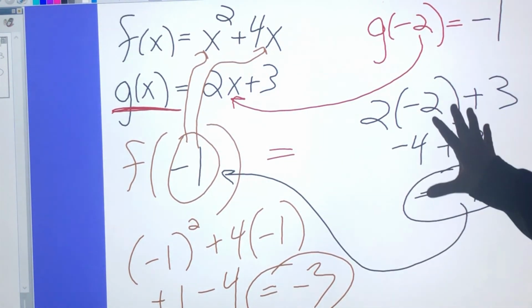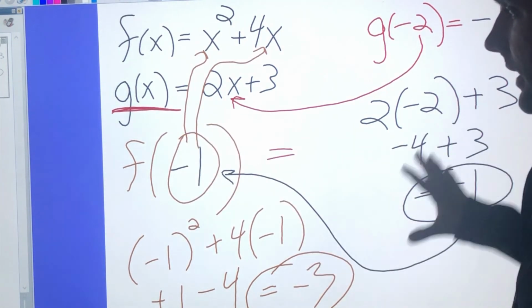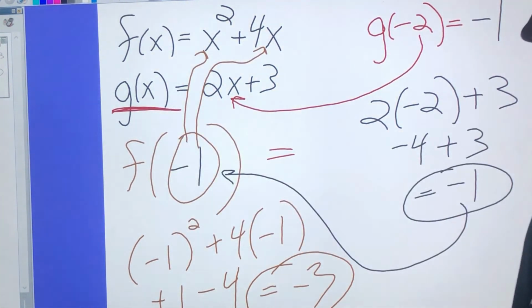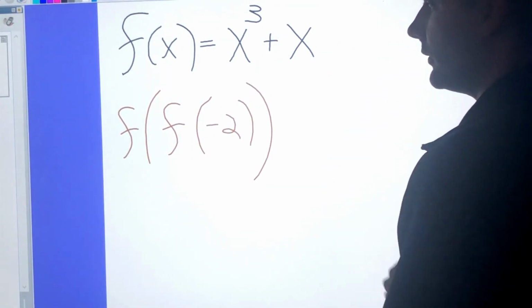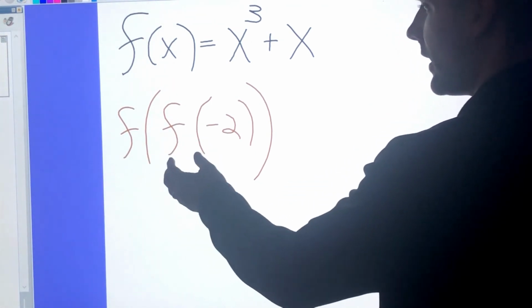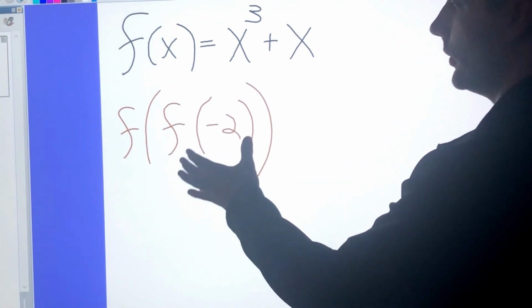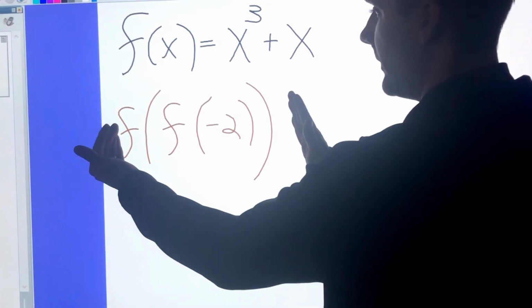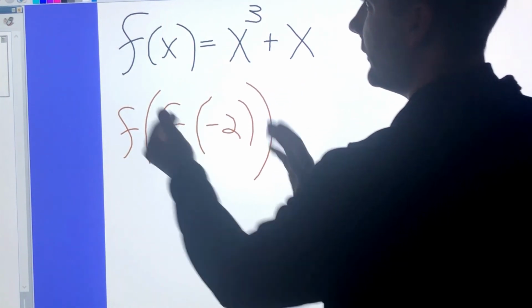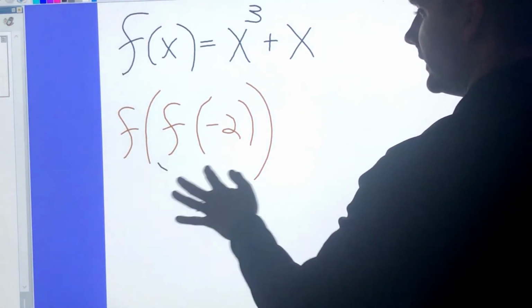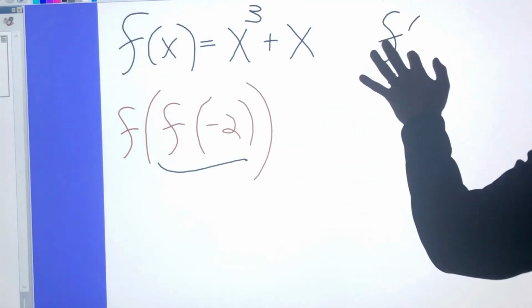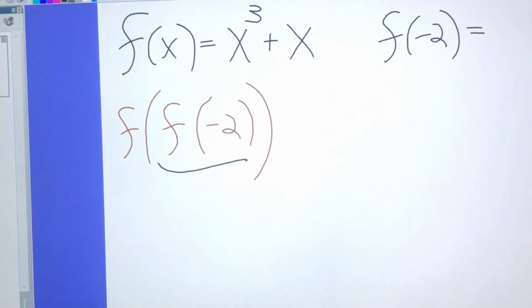So it's essentially two different function evaluation problems inside of one. Now what if you have something like this, where I'm looking for the function composition of f of f of -2? Well again, this function is waiting on something. I have to figure out what f of -2 is. So first I want to calculate f of -2. What does that equal?